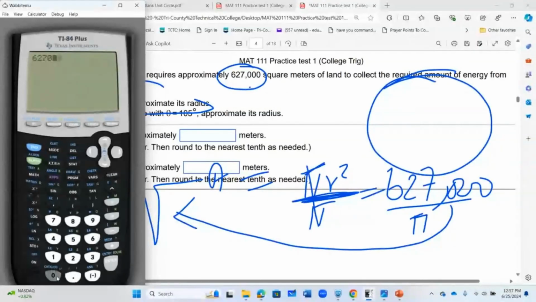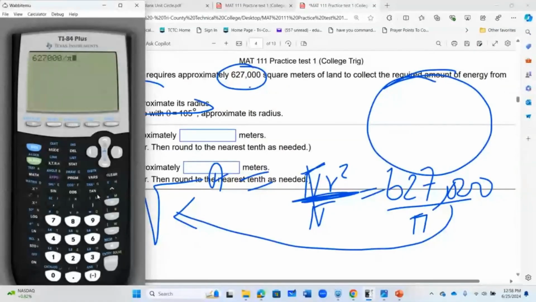I start with 627,000 divided by pi. Everybody knows where pi is, but suppose you don't, let's look for it. Pi is right here, second pi, divided by pi. If you cannot find pi, go to catalog and find it.